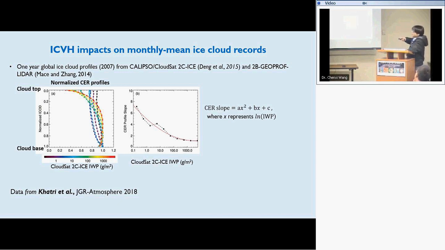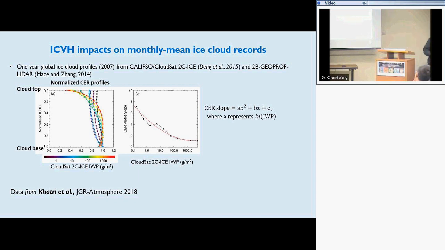For very thin clouds, you have small IWP, and a little bit of difference between the particles near top and near bottom. But as clouds get thicker and thicker, you have complicated profiles, eventually going to this curve, which is very inhomogeneous. The particles increase very rapidly when you go deeper into the clouds.